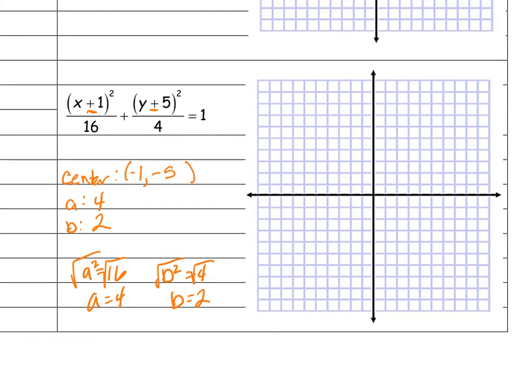Okay, and then we are going to find the center of the circle. So it's -1, 1, 2, 3, 4, 5, right there. And A is horizontal, 1, 2, 3, 4, 1, 2, 3, 4. And B is vertical, 1, 2, 1, 2.